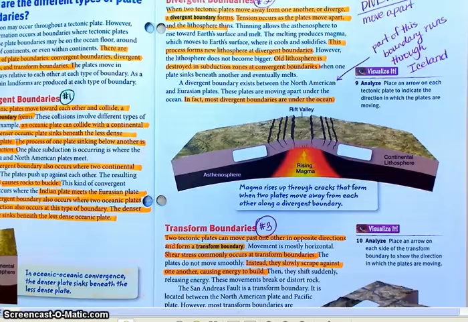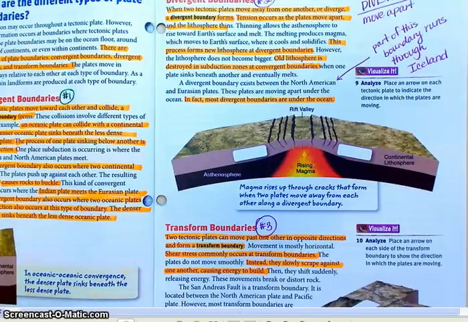Instead, they slowly scrape against one another, causing an energy buildup, and then all of a sudden they break loose. Okay? So they shift suddenly after enough energy has built up, and basically they get themselves unstuck. And these movements cause rocks to break or cause distortion of the rocks.